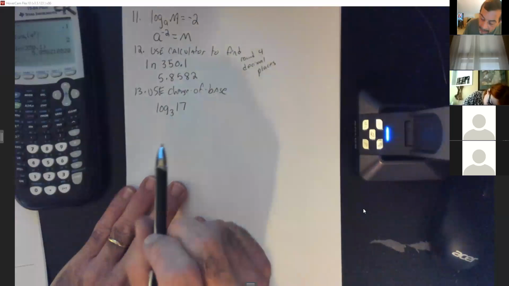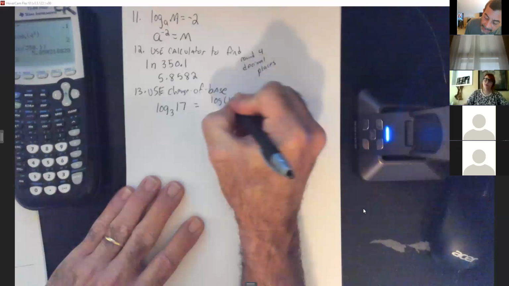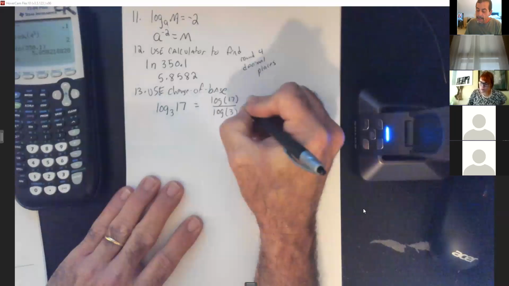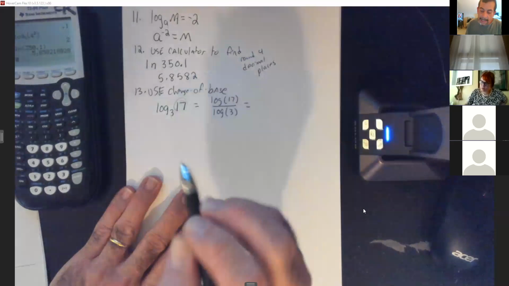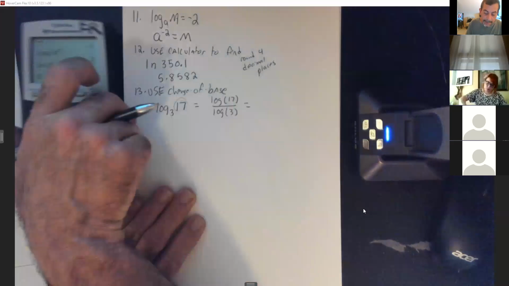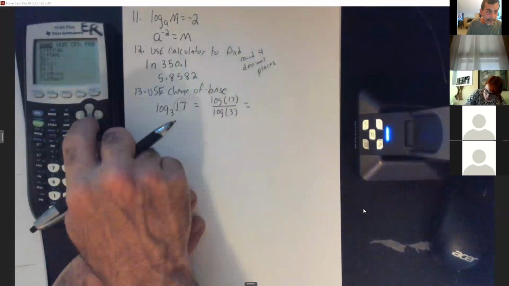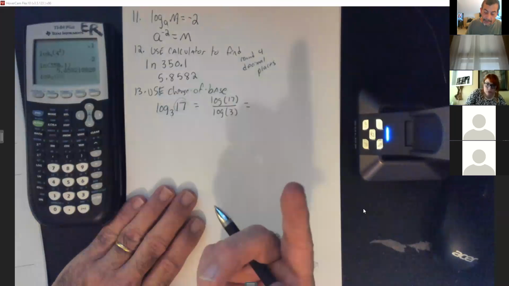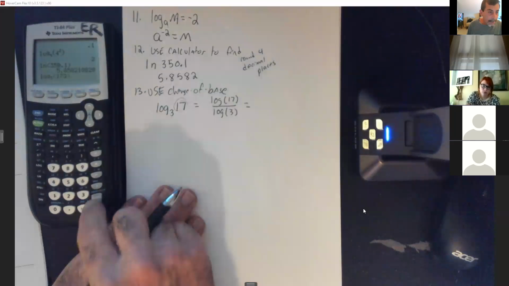So what they got to do for change of base is do the log of 17 divided by the log of the 3. It's always the 17 divided by the log of the 3. Now, if you got the newer calculators, I would hit math, go down to log base, hit enter. And then you can put in the 3, arrow over, put in the 17. So log base knocks it out pretty quick.